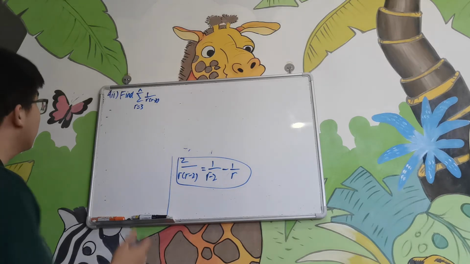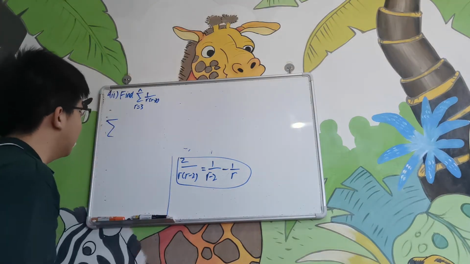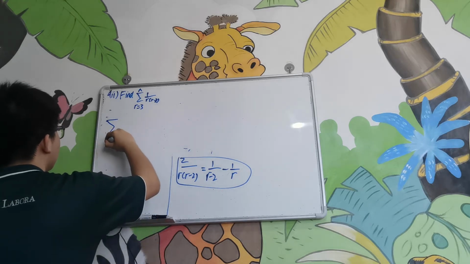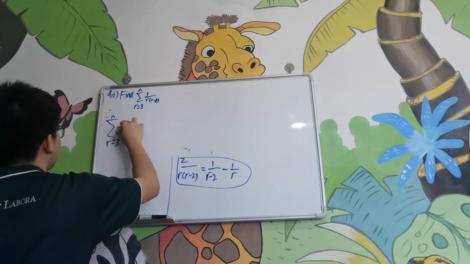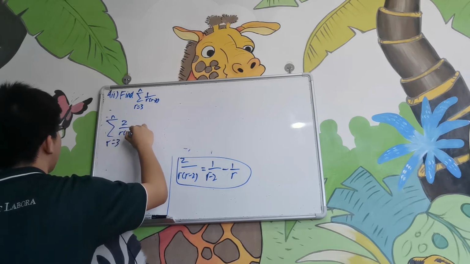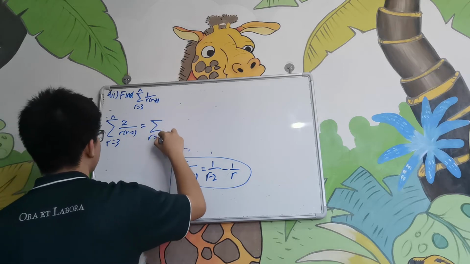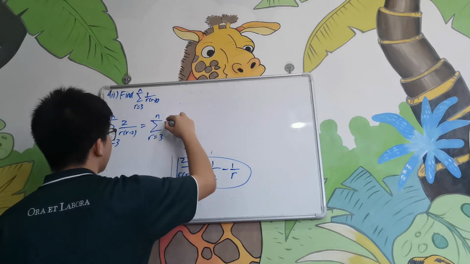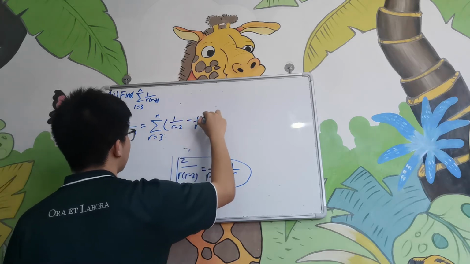So I normally just do the original one, then apply the coefficients after that. So the summation from r equals to 3 to n of 1 over r minus 2 minus 1 over r.